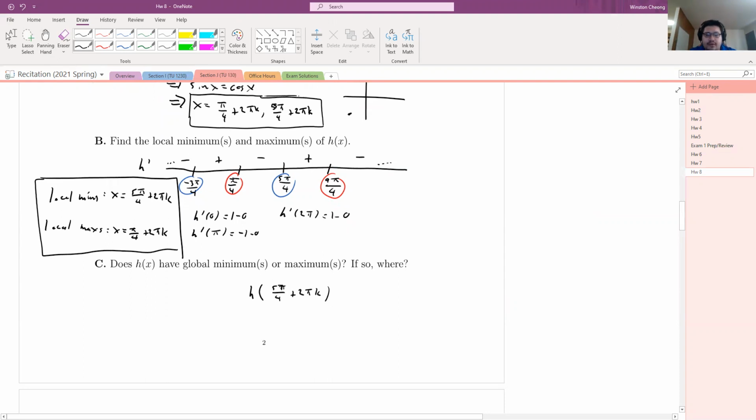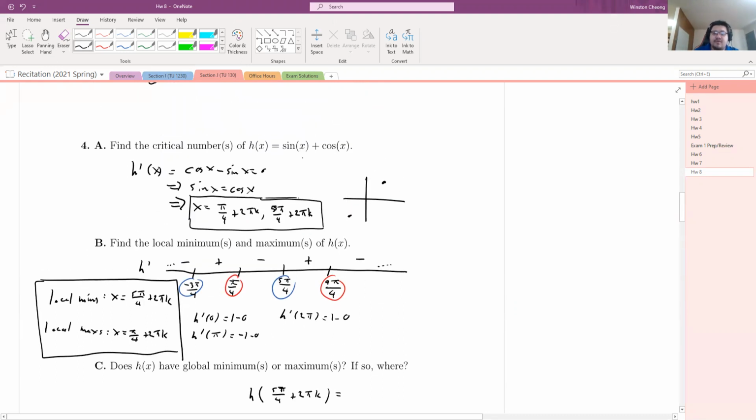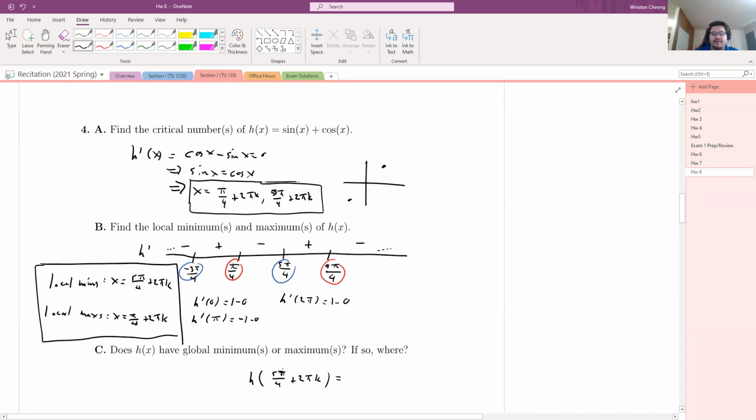Well, they indeed will, because 2 pi k, when we just look at this h, sine and cosine are periodic with a period of 2 pi. So it doesn't matter if you're tacking on a 2 pi or not. That doesn't change the output that sine will give you, or the output that cosine will give you. They'll give you back the same number.